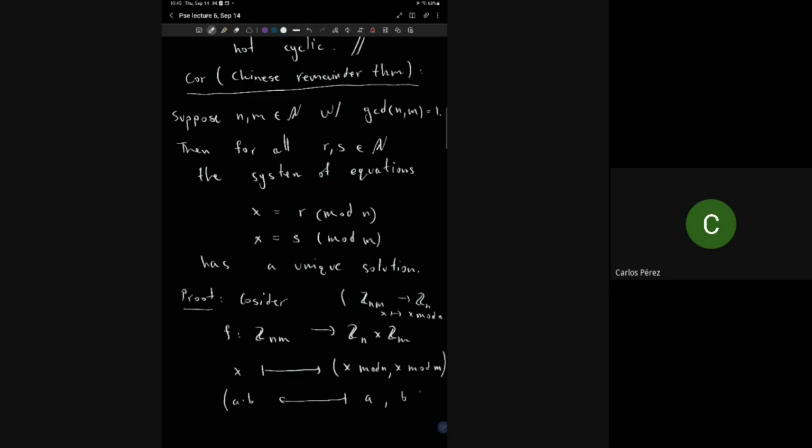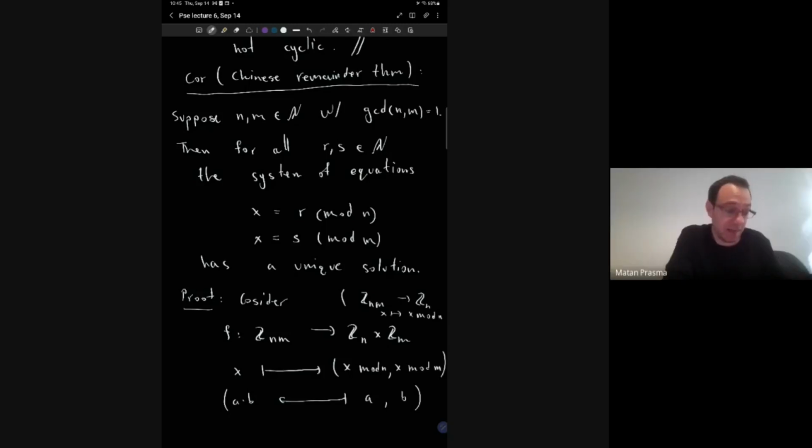Sorry, could we also say that this application is bijective or not? Yes. The first thing I wanted to address is that it's a group homomorphism, because you have actually two maps here, Znm into Zn and Znm into Zm, and each of them separately is a homomorphism. We proved explicitly that each of these two is a homomorphism.